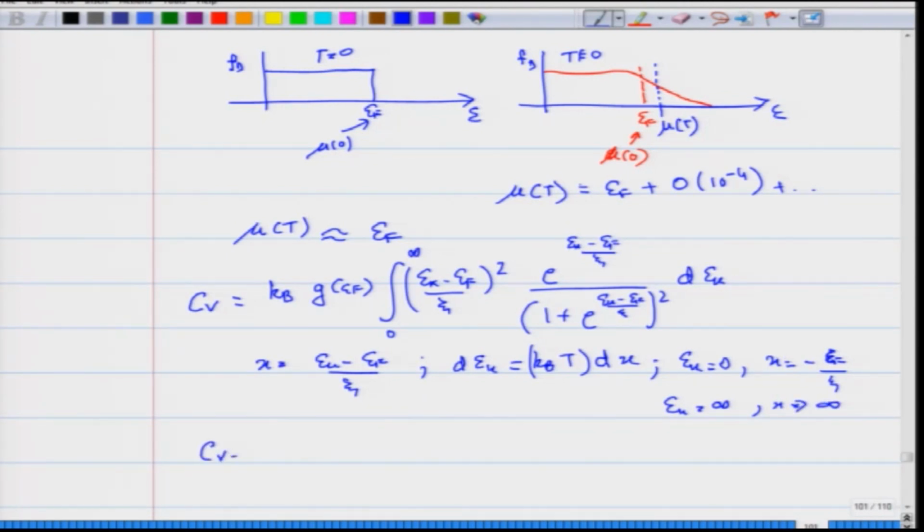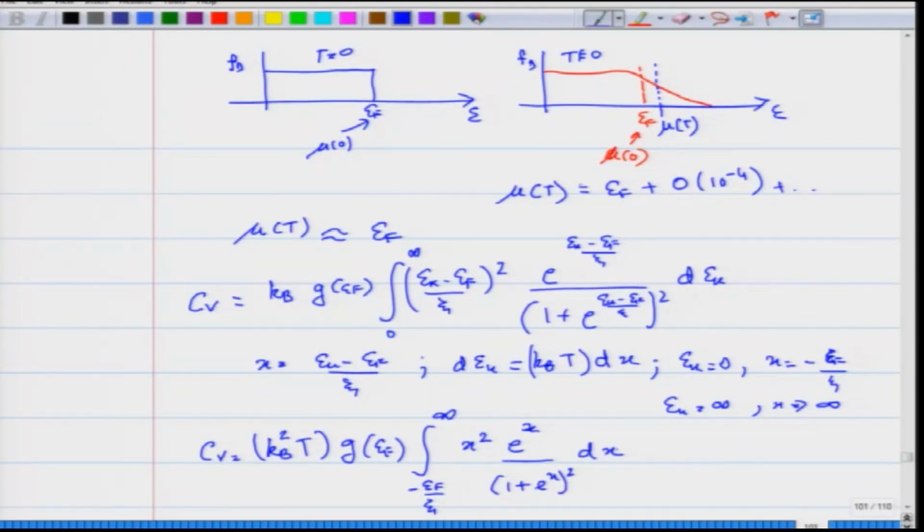So, the specific heat can now be written as Kb square into T, the density of states at the Fermi energy, integral of minus Ef by zeta to infinity, x square e raised to x divided by (1 plus e raised to x) the whole square dx.